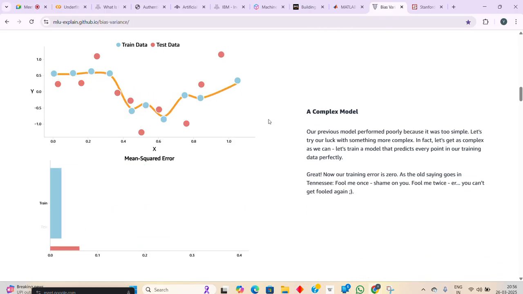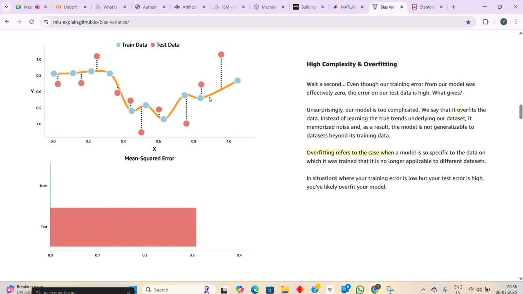So we slowly increase the degree so that we can cover all the training points, but still the testing points are not well aligned. Here the training error is 0, meaning every point is fitted properly, but on the testing side it was not able to fit. That is why testing error is high and training error is less. This particular concept is called overfitting.